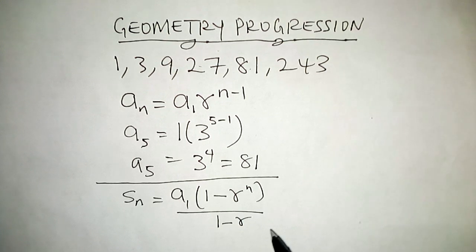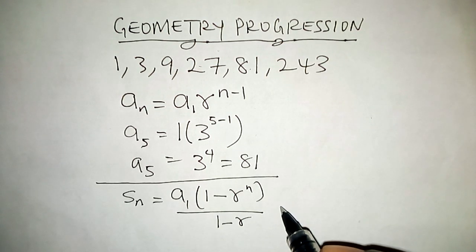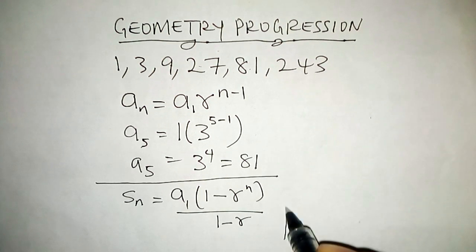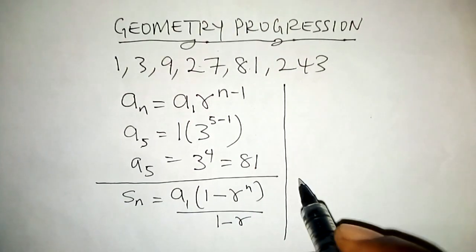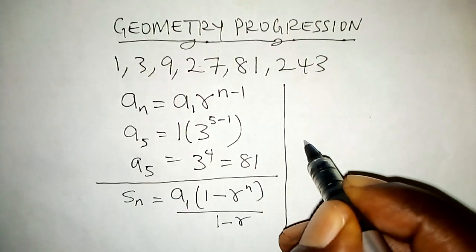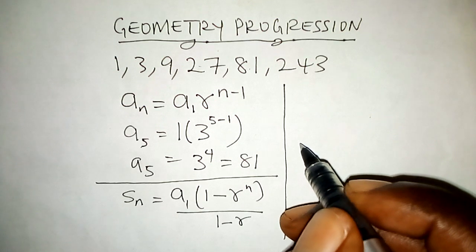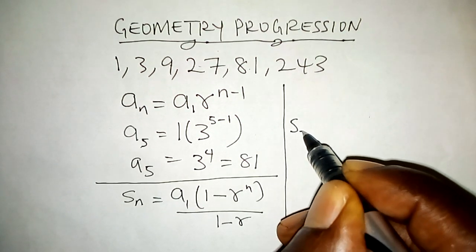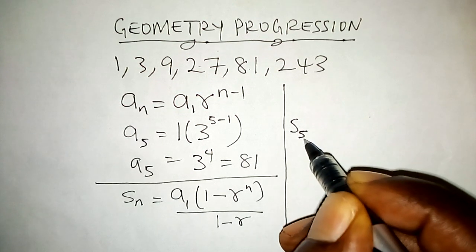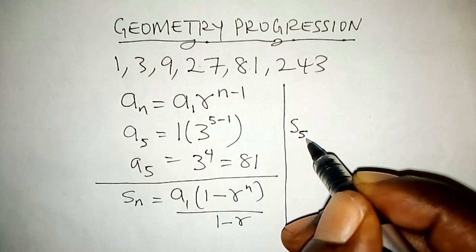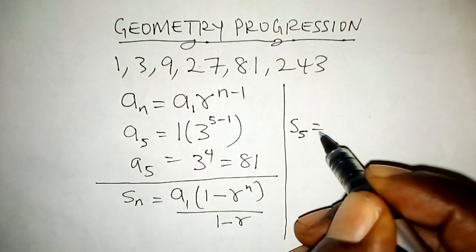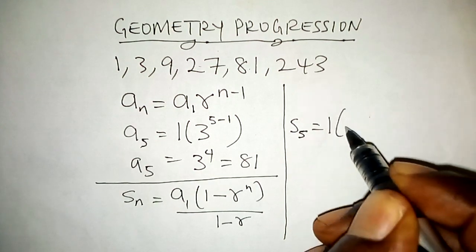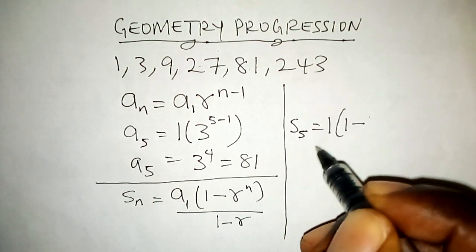Now this is the formula that is generally accepted, and we know that a is our first term. Let's look for the sum of the first 5 terms. So S subscript 5, because we are looking for the first 5 terms, n becomes 5, and we know our first term to be 1, all into 1 minus our common ratio.